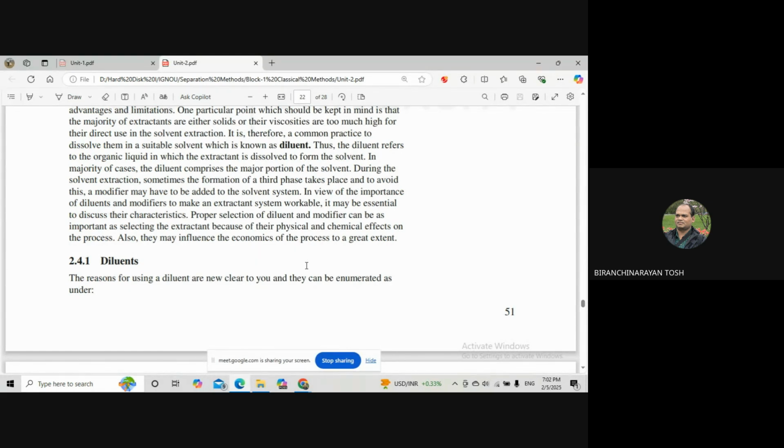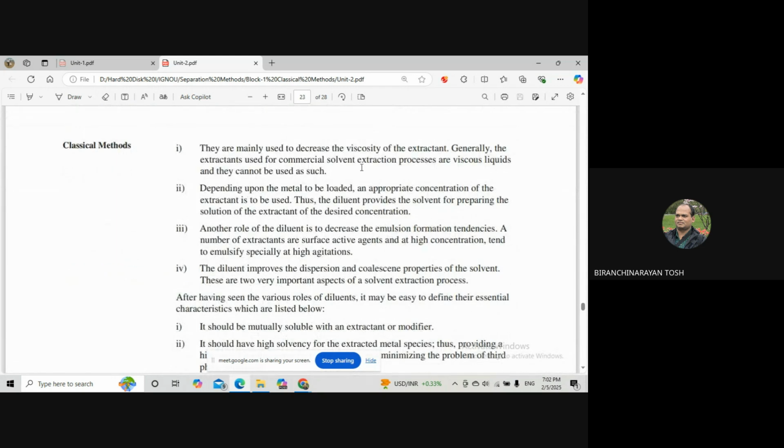So, the reason for using a diluent is now clear. They are mainly used to decrease the viscosity of the extractant. Generally, the extractants used for commercial solvent extraction processes are viscous liquids, and they cannot be used as such. Depending upon the metal to be loaded, an appropriate concentration of the extractant is to be used. Thus, the diluent provides a solvent for preparing the solution of the desired concentration.